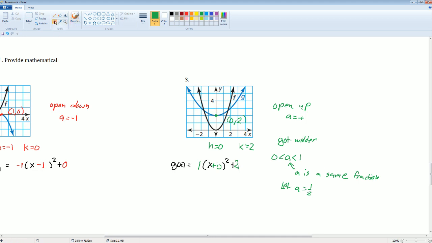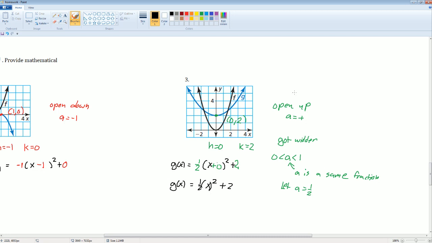Oh, I made a mistake. We can't make this 1. Remember, a has to be equal to 1 half. So this has to be 1 half. You might see a version where they don't write the plus 0: 1 half x squared plus 2. Where there's no plus 0 here. But there you go.